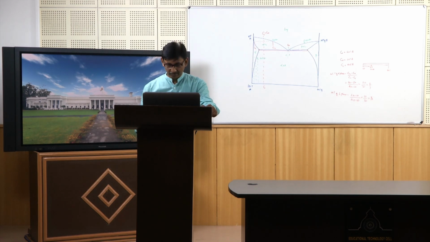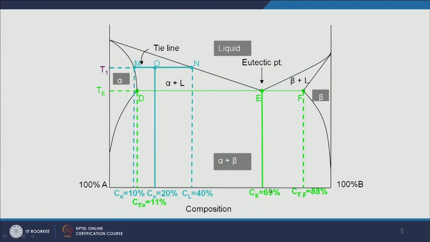Some others are also shown here. For example, if the eutectic has a 69% overall composition, you can find out the fraction of alpha phase in this and the fraction of beta phase. The overall eutectic composition is given by 69%. I want to know the composition of alpha phase.